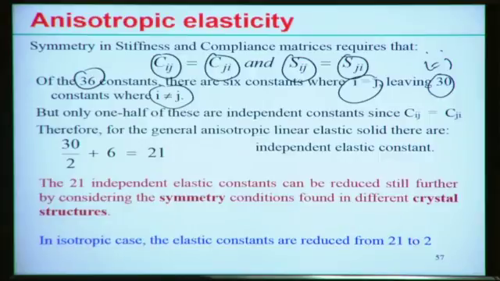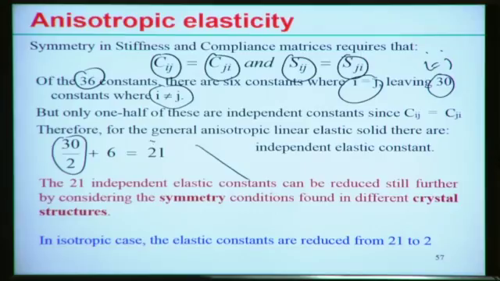That is 30 by 2, because 30 was where i not equal to j, so 50% of that, and where i equals j, those exist along the diagonal itself. So the diagonal has a total of 6 elements, and apart from that, from either the upper or lower triangle, we can find a total of 15. So a total of 21 independent constant terms is possible when we consider the symmetric nature of the elastic or compliance terms.